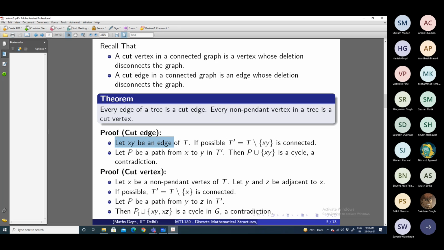Therefore P together with these two edges forms a cycle in T. This is a contradiction. So every edge is a cut edge and every non-pendant vertex in a tree is a cut vertex.